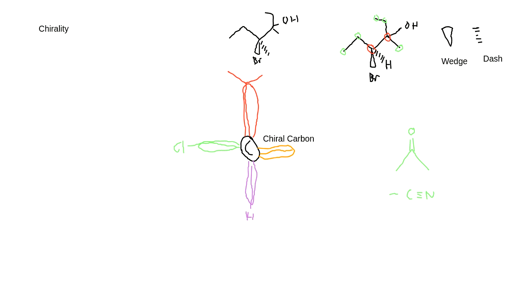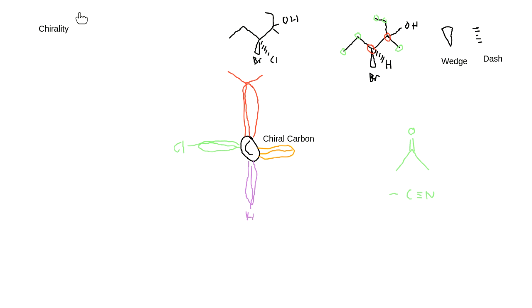Then there are no hydrogens. But if I don't indicate, yes, please assume that there is a hydrogen and it's going to be opposite to what your bromine is. So if your bromine's on a wedge, you're going to have a dash hydrogen. If your bromine's on a dash, you're going to have a wedge hydrogen, if there's no fourth bond right here. If it's already noted for you, then that's how it is.